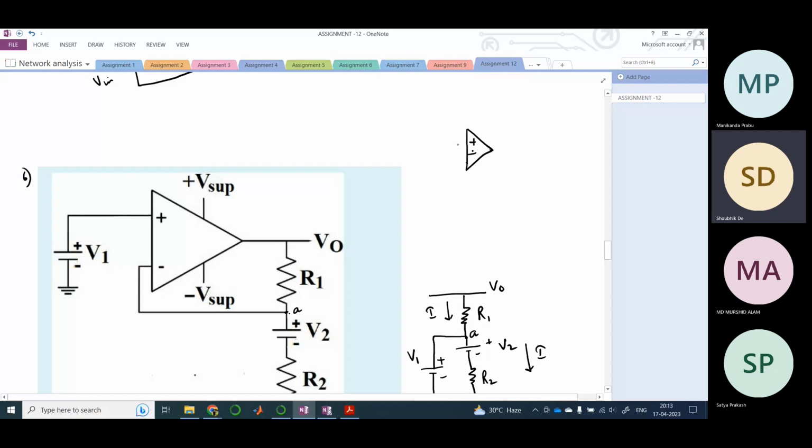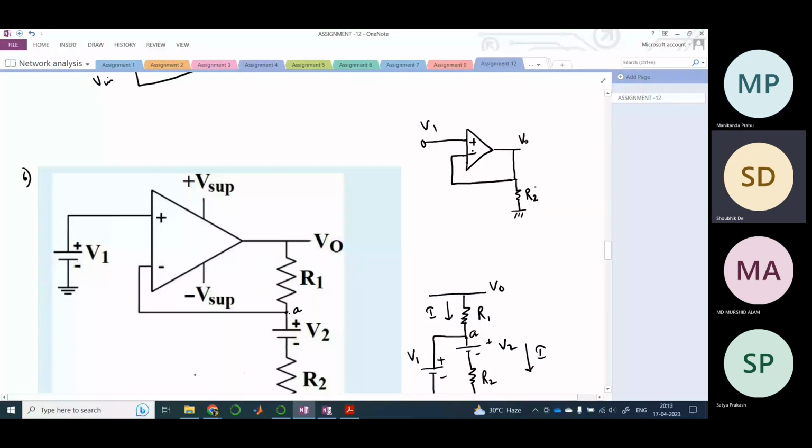So here you are applying V1. You have removed V2 also, right? Yes, sir. So it's something like this, right? R1 is removed and there is a resistance through this path, right?